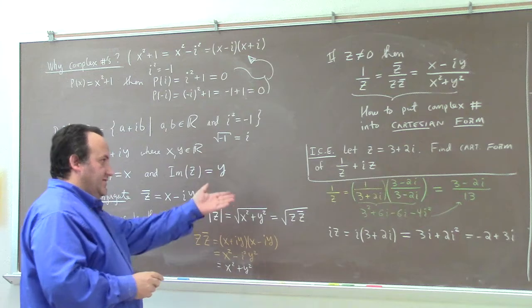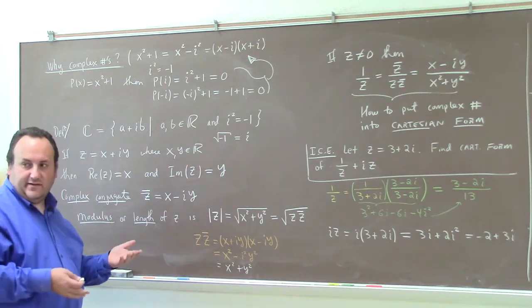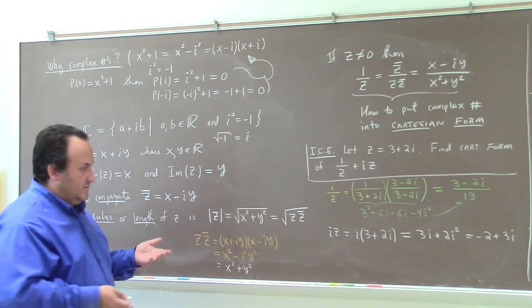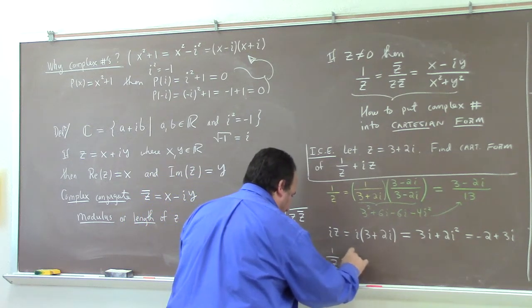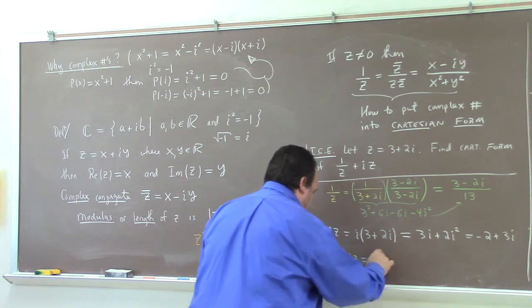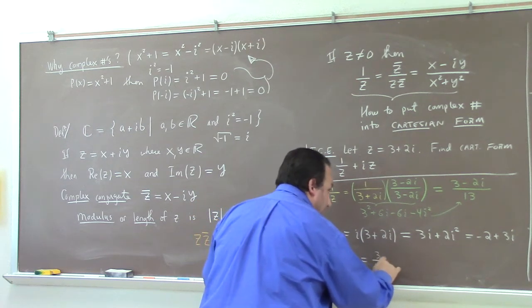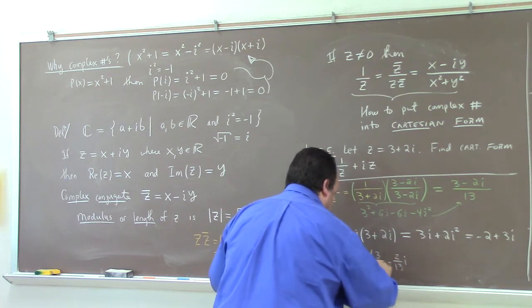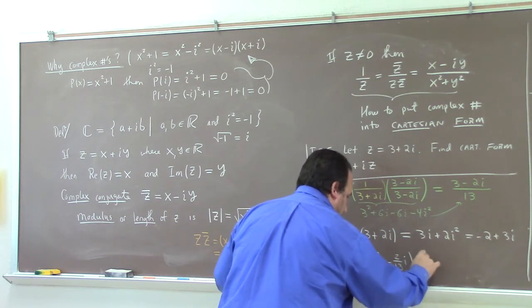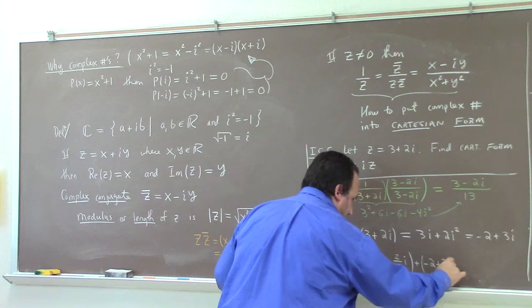Now the question was to find the Cartesian form of 1 over z plus iz, right? So let's do it. We've got 3 thirteenths minus 2 thirteenths i, plus minus 2 plus 3i. So you guys tell me what's the answer then.